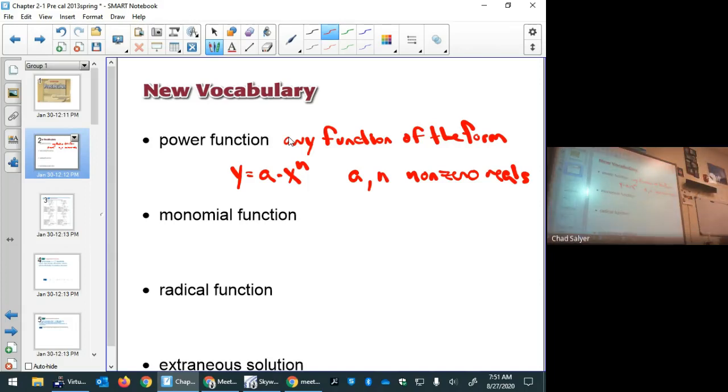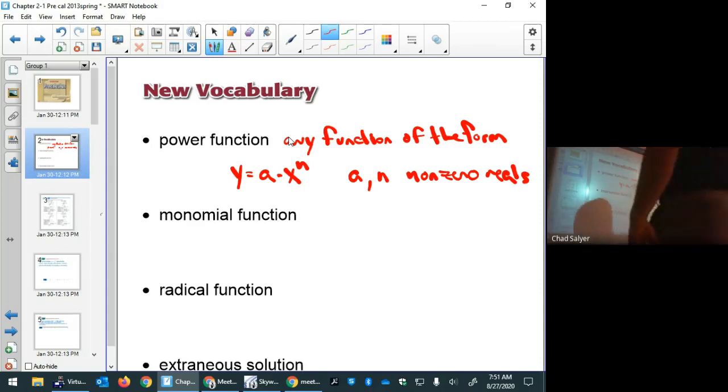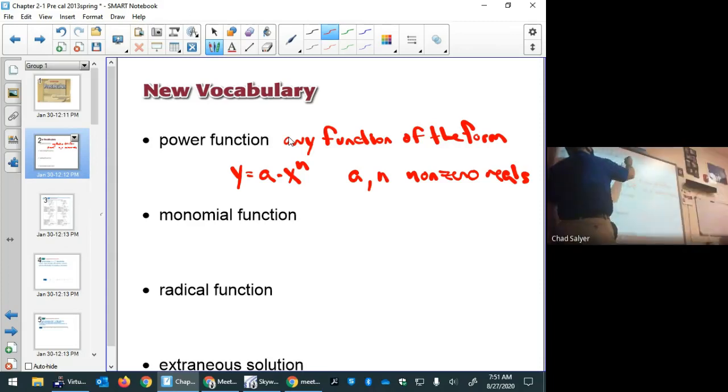So a and n can't be zero. It's any function in that form or that could be modified to be in that form. So with algebraic manipulation, if it can get you to this point, then it's a power function. So any function of this form, y equals a times x to the n. And again, often missed on the test for whatever reason.